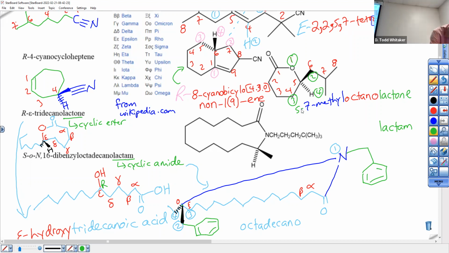And this one, similar story. 1, 2, 3, 4, 5, 6, 7, 8, 9, 10, 11, 12, 13. It's a tridecanolactam with a group on nitrogen that doesn't have a common name. It's a 1, 2, 3, 4, 5 carbon chain. And it's got 4-dimethyl, not gonna fit.